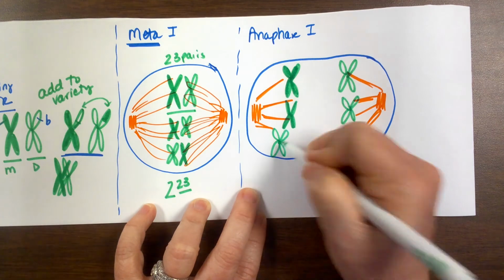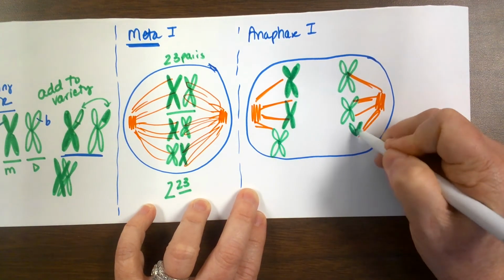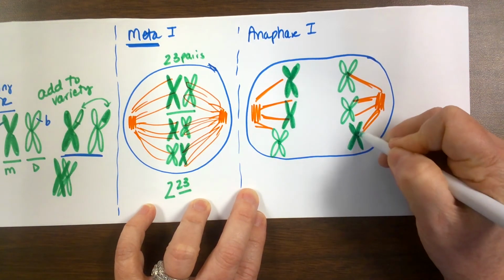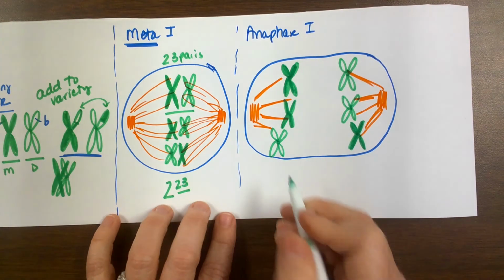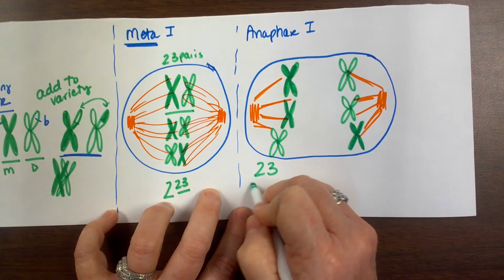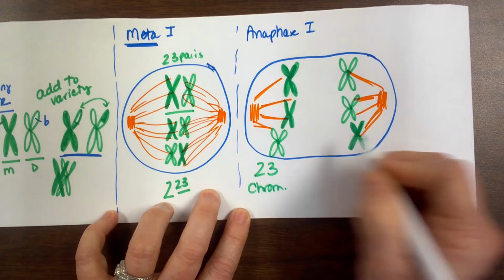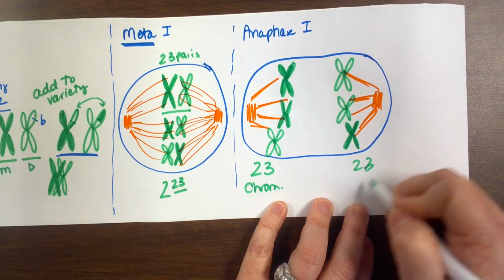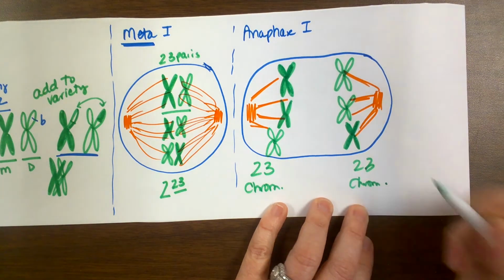If this screws up, you get some messed up egg cells or sperm cells. So this has to happen. So we get 23 full chromosomes go into this new cell, and 23 full chromosomes go into this new cell.